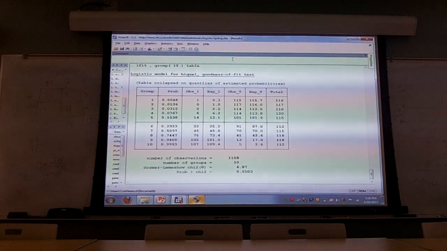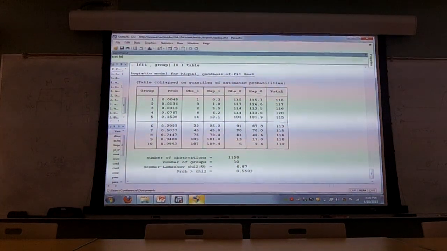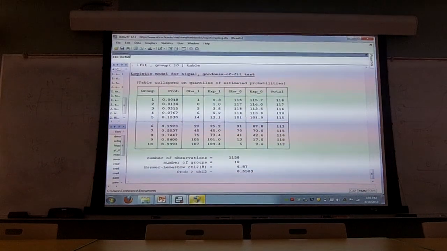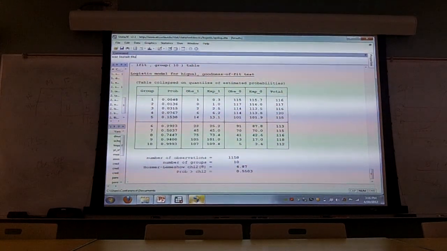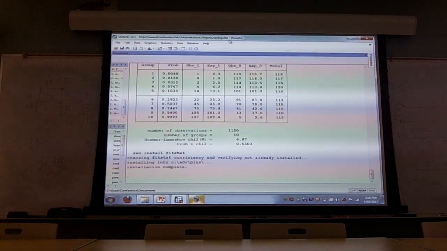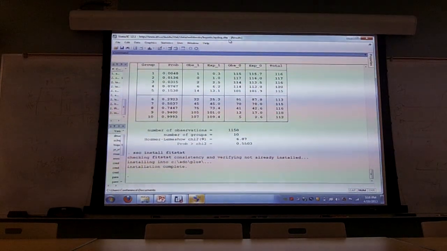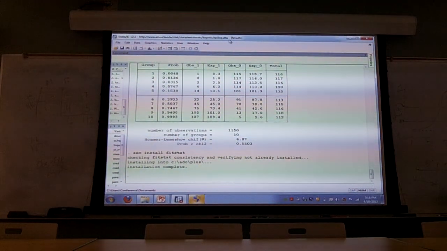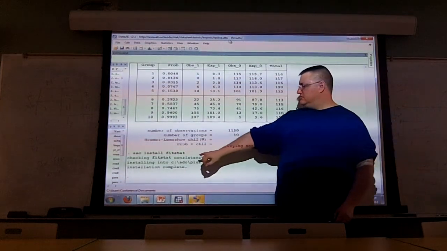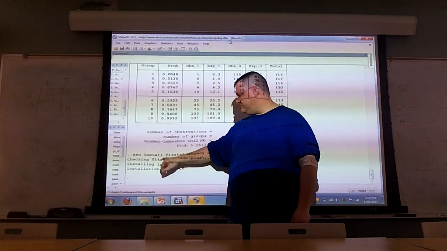So there's another program that I want you all to download. What we can do is I want you to type in SSC install FitStat. SSC space install space FitStat.